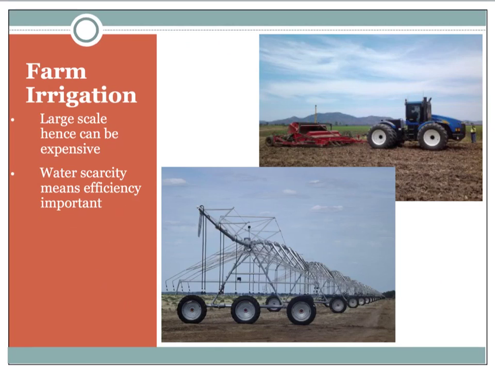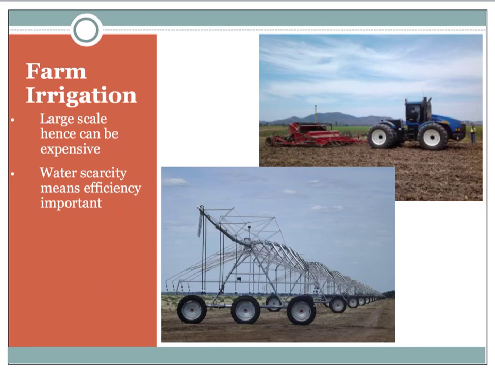The top picture is of a paddock that's being laser leveled, and this is where the water is being introduced at one end of a paddock through a sluice gate, and it floods that paddock, usually to the depth of about 40 or 50 millimeters at most, and then that water is then allowed to seep into the soil and water the plants.